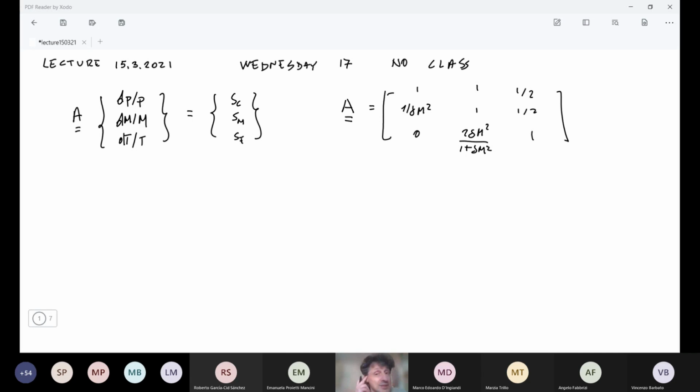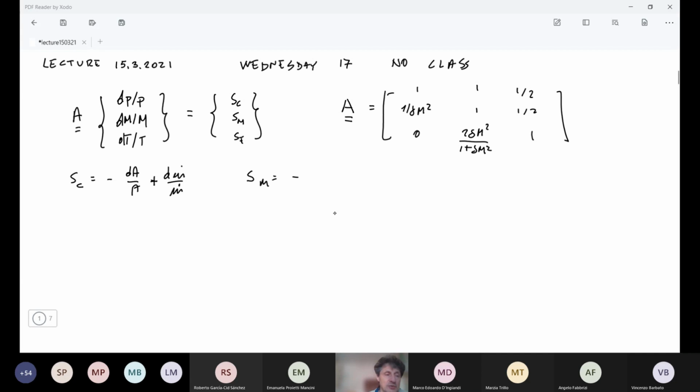Well, from this, what we have seen is that we would like to solve for dp, dM, dT, so we proceeded to invert this matrix A. Let's also recall that our source terms are related to the driving potentials: area change and mass addition for the first source term, related to the continuity equation. C means continuity.